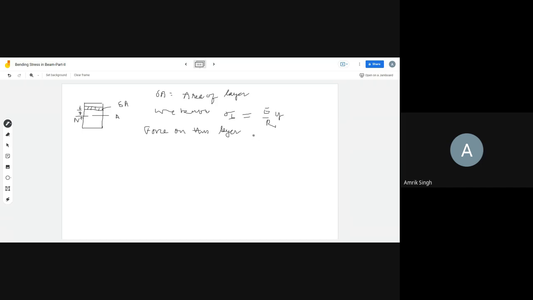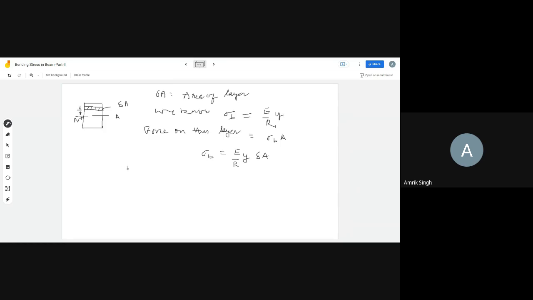So stress is equal to force upon area. So force will be equal to stress into area, right? So you can write here the stress is how much? Sigma E upon R into Y into delta A, right? So this is the sigma B.